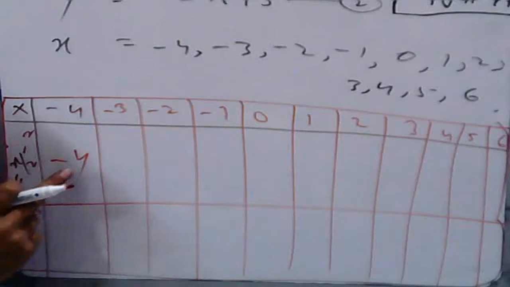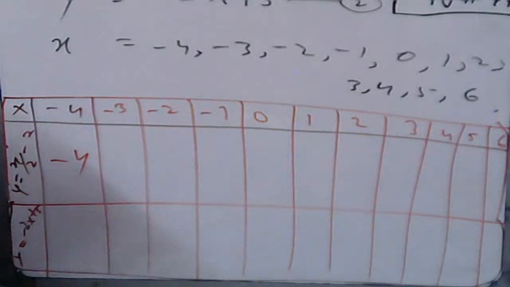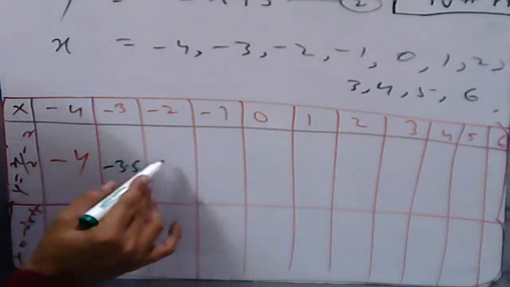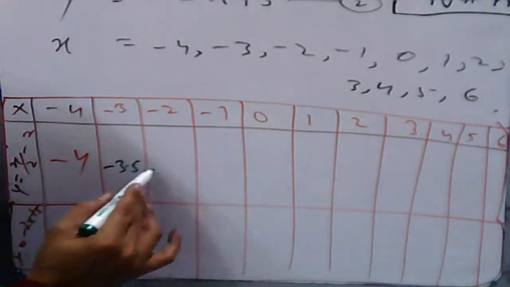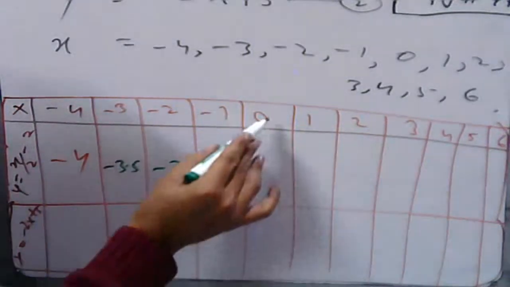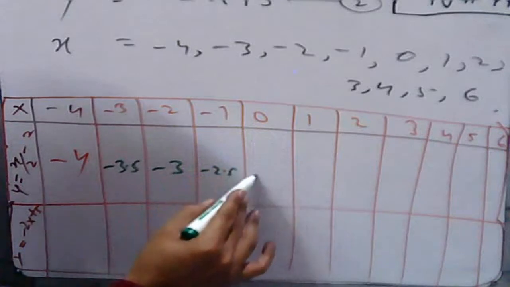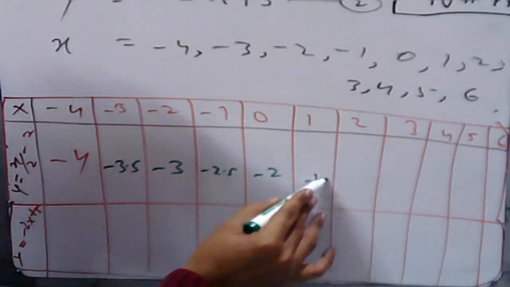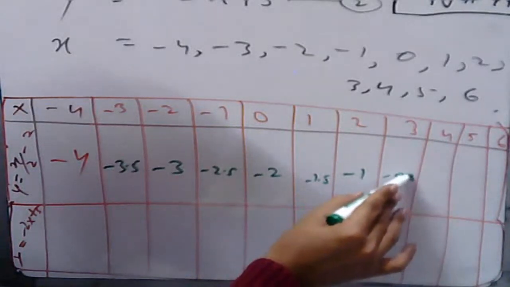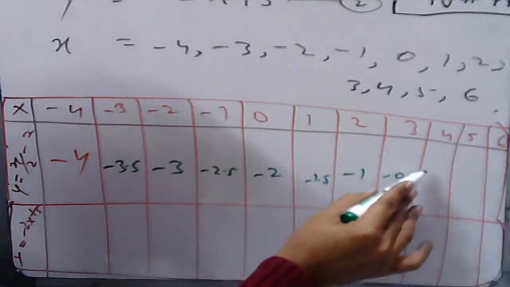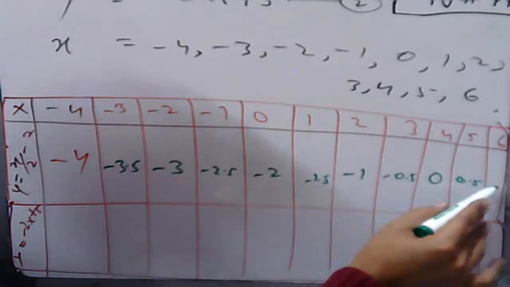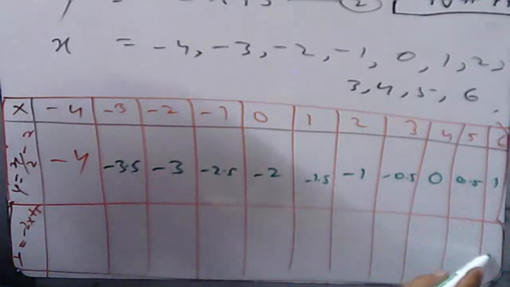Similarly, I have done this: if I put minus 3, we will get minus 3.5. If I put minus 2, you will get minus 3, then minus 2.5. If I put a 0 here, you will get minus 2. Similarly, minus 1.5, minus 1 and minus 0.5, and if I put 4, you will get 0, and 0.5, and similarly for 6, 1.